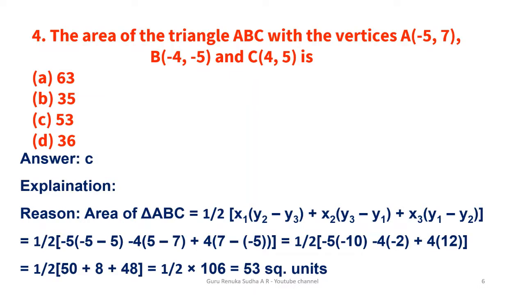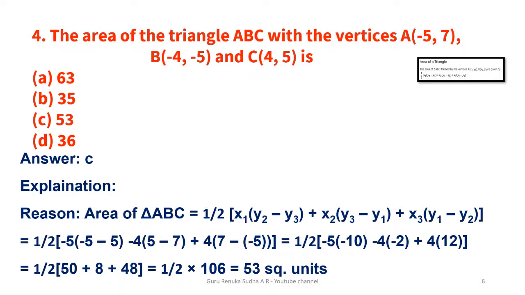Substituting the values of x1, x2, x3, y1, y2, y3 and solving each step, you can understand it in a better manner, and you get the answer 53 square units. That means the area of the triangle is 53 square units.